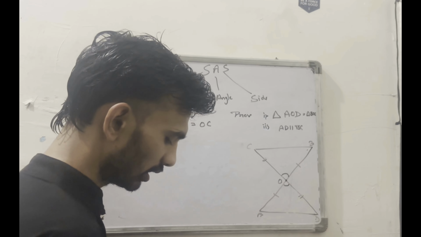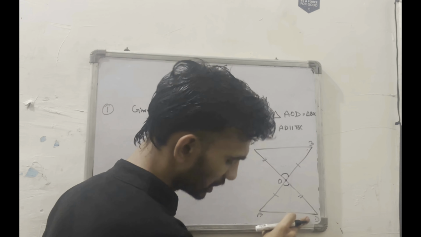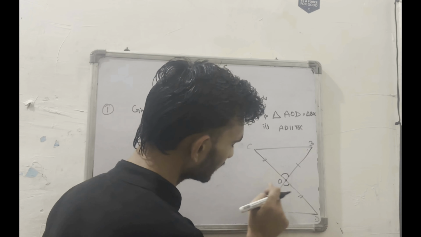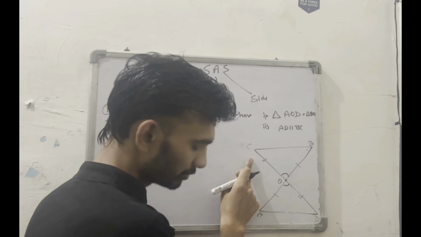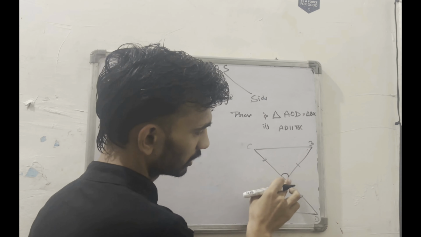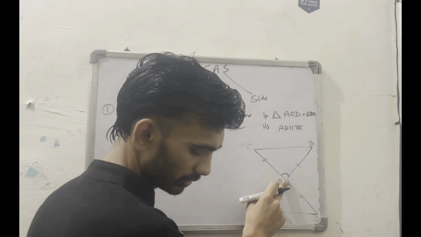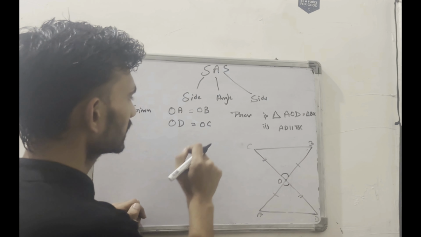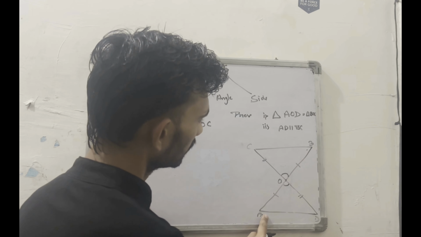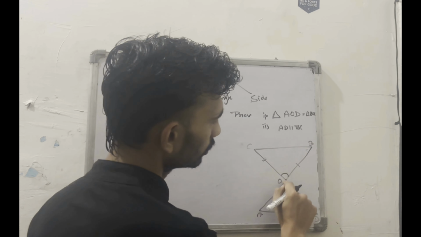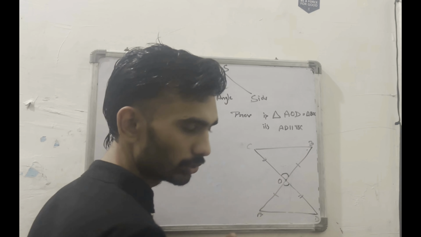Okay, you will see that triangle AOD and triangle BOC both are connected with a point O, and the second thing is OA is equal to OB and OC is equal to OD.